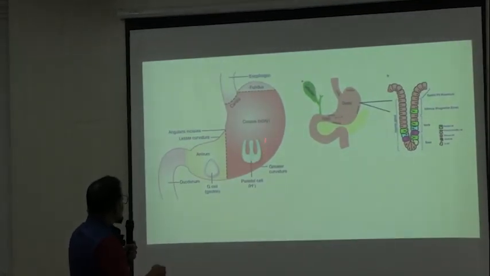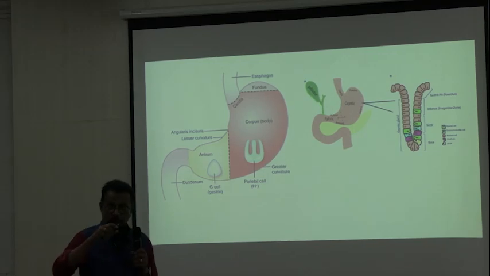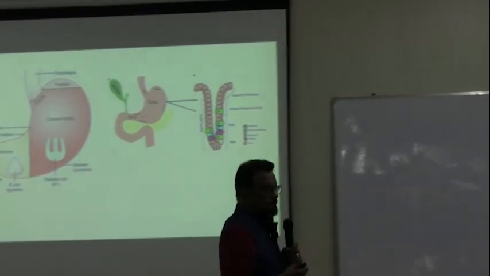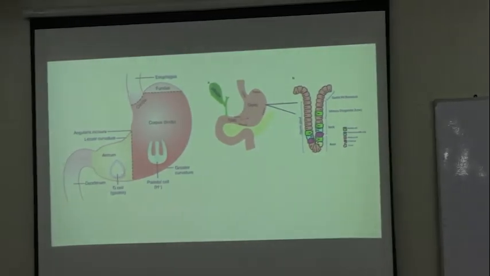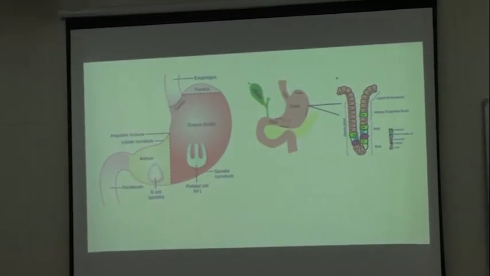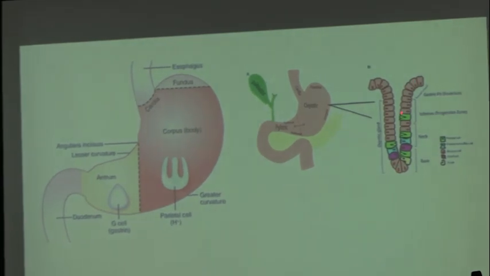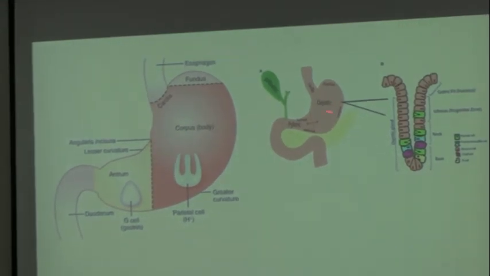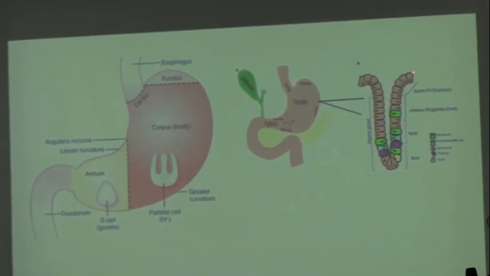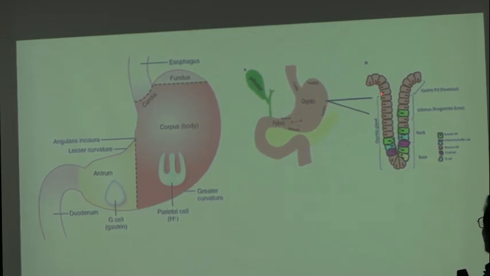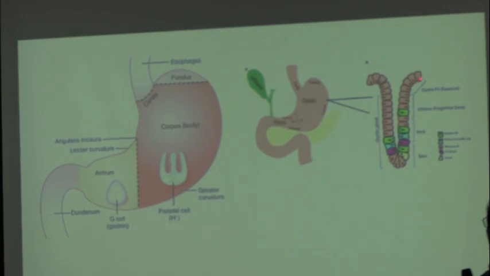In the inner wall of the stomach there are gastric glands. These are the gastric glands, and they contain various types of cells.